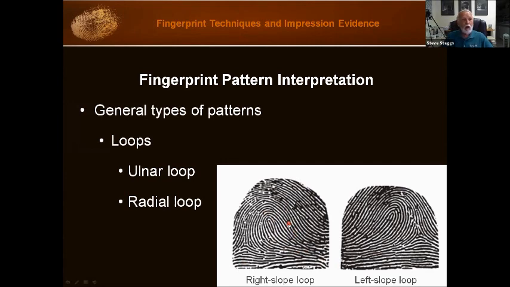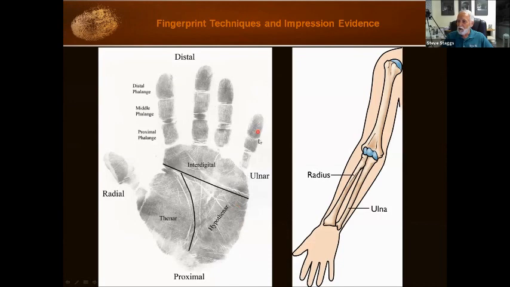The fingerprint on the left hand, then it's going to be a radial loop. This is the ulnar side of the hand. This is the ulnar bone, and see it goes down towards the pinky, or the small finger, the number 5 finger, or number 10 finger. So this is the ulnar side.